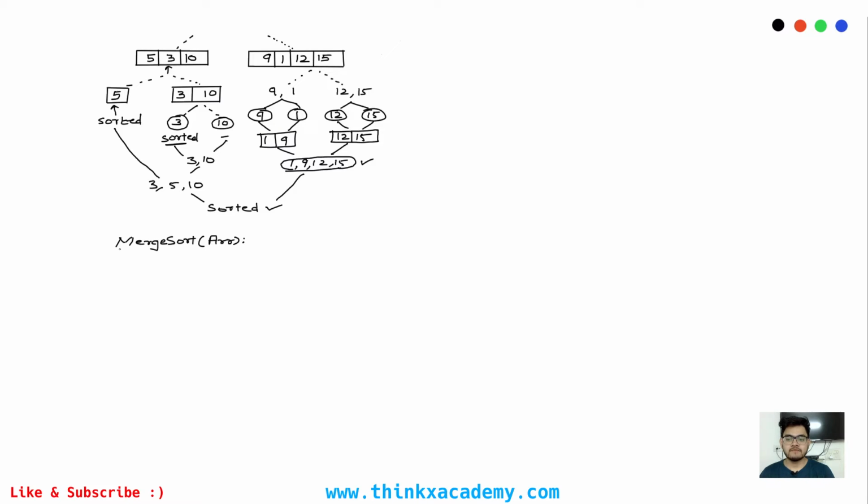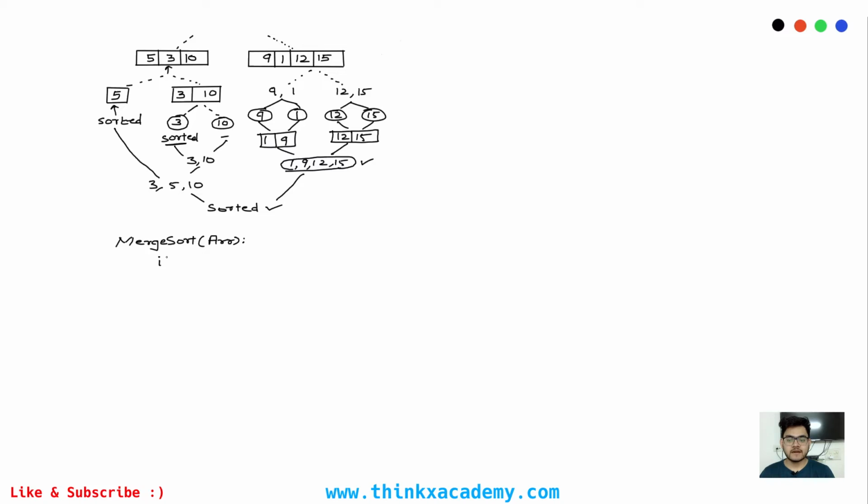And when we are defining the merge sort function, we will make a recursive call to the left and the right part. But we will have to make sure that the recursion stops when there is only a single element inside of the subarrays.